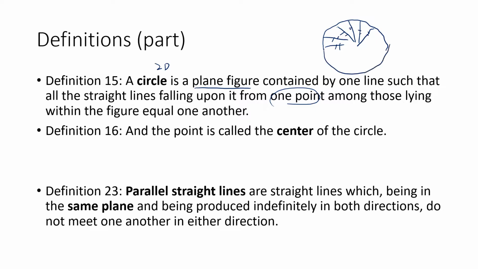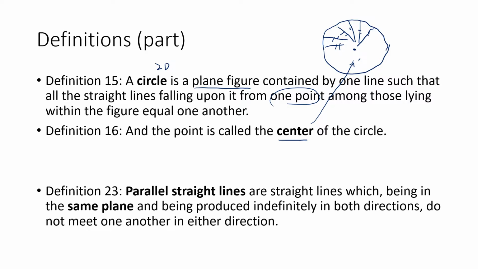And that point is called the center of a circle. So this is the center. This is the definition of a circle, and it's simple, and I think everybody knows that. But this is the formal definition in this Euclid's Elements book.